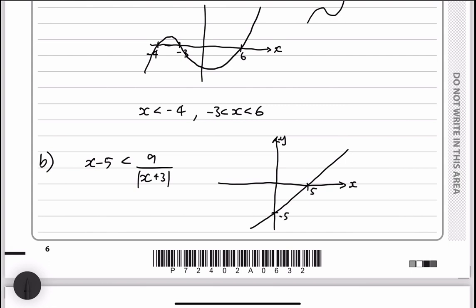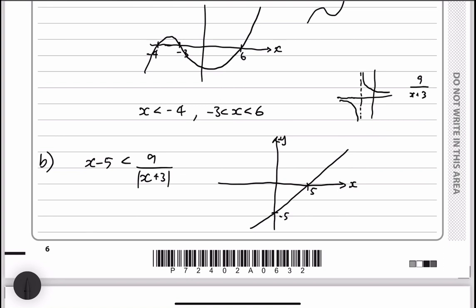Now the other graph, if I do a sneaky sketch up here of 9 over x plus 3 without the modulus, that has an asymptote at minus 3, because if you try and put minus 3 in there, you'll be dividing by 0, so it can't cross that line. And then it's a 1 over x style, so it kind of looks something like this.